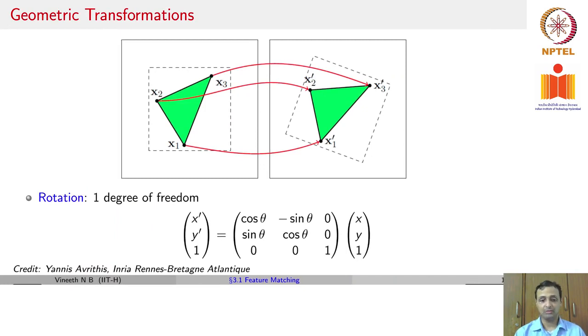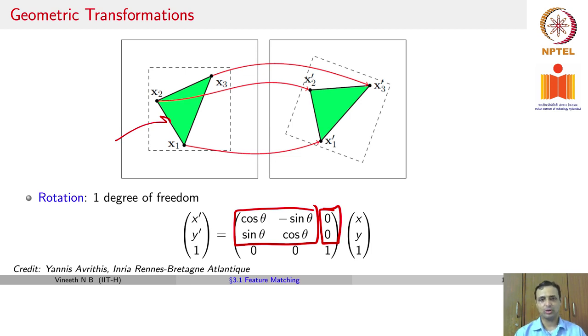If you took rotation, this green triangle is now simply rotated. There's no translation. It's only rotated. You can see that 0, 0 is put here for the translation, which means there's zero translation, but there is rotation. And in this case, it's given by cos theta, minus sin theta, sin theta, cos theta in the upper 2 cross 2 of this 3 cross 3 matrix.